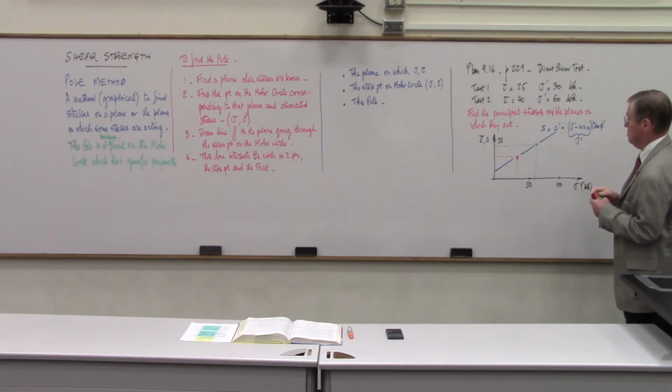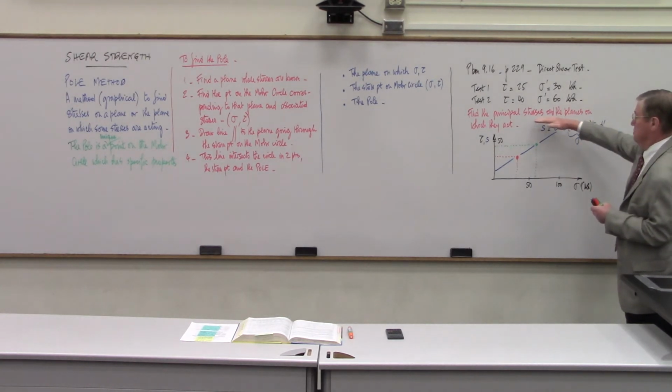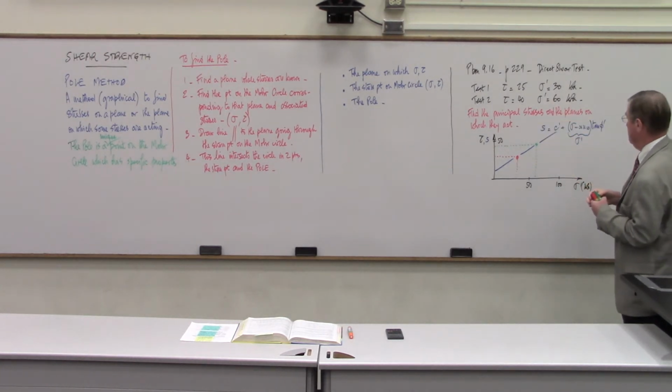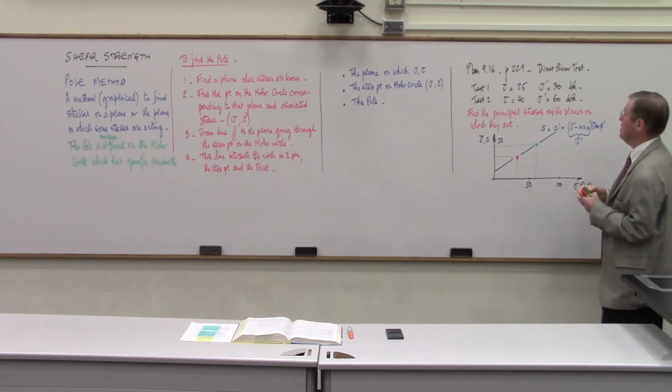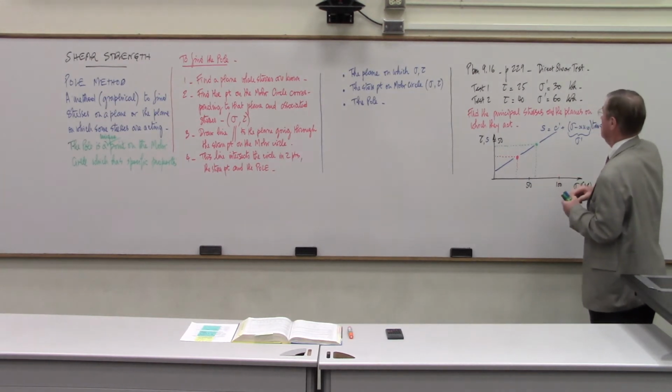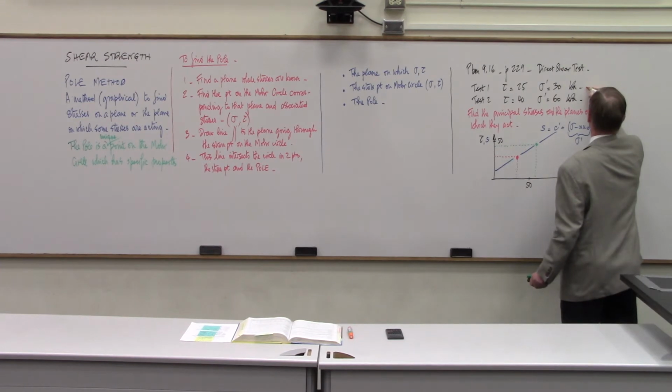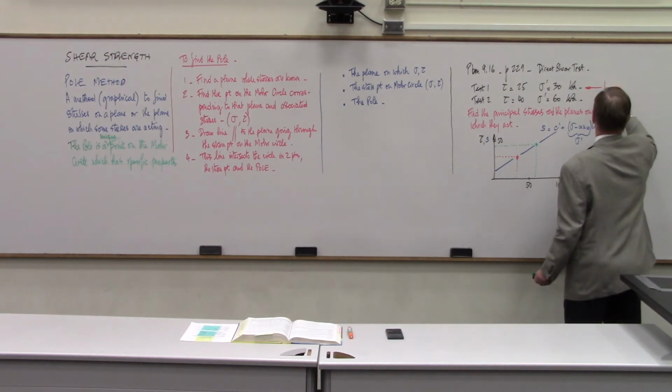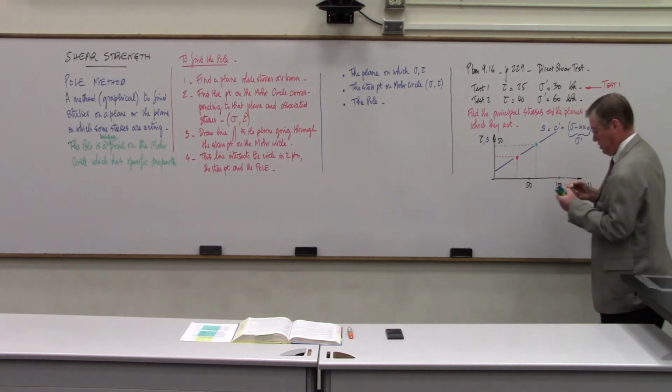The first question is find the principal stresses. Okay, so we're going to deal with the first test, test 1 right here. We're going to do the calculations for test 1. All right, the one that's in red, the red point right there.